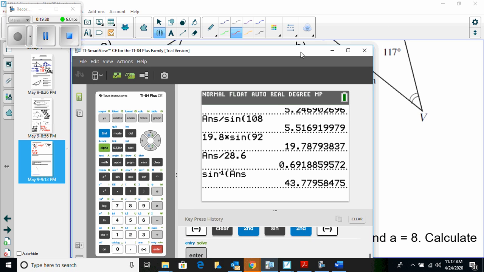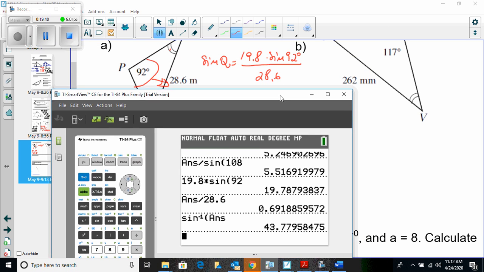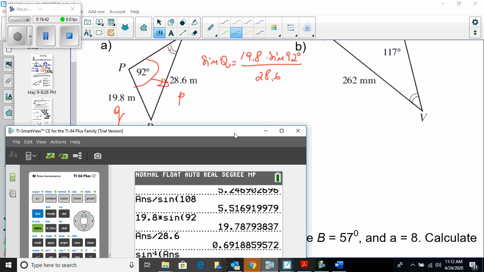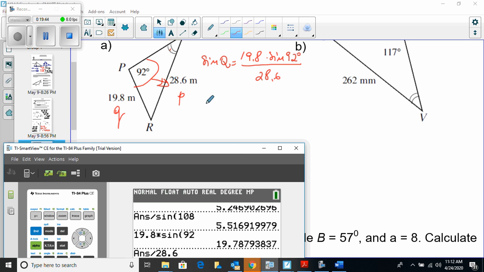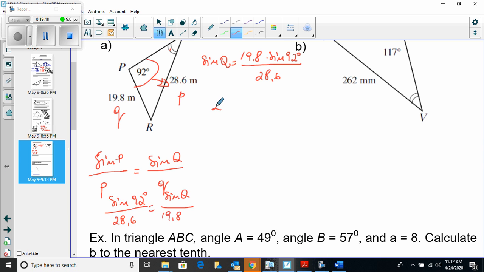So the angle will be 43.78. So angle Q will be 43.78 degrees. I hope that you understand.